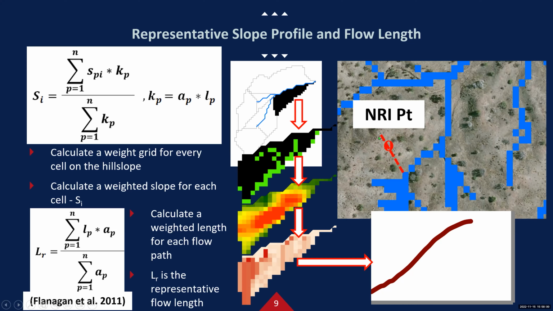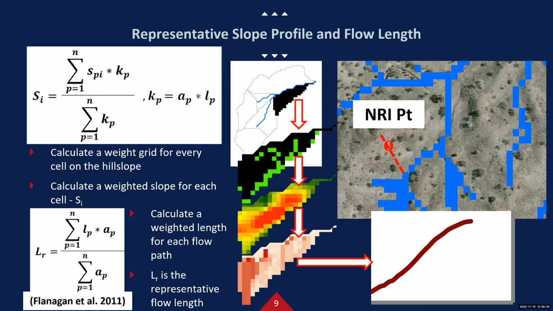You might measure the length and the slope along this one flow path, but this entire area contributes to the side of this channel. So there are many flow paths that will go down a single overland flow modeling element.